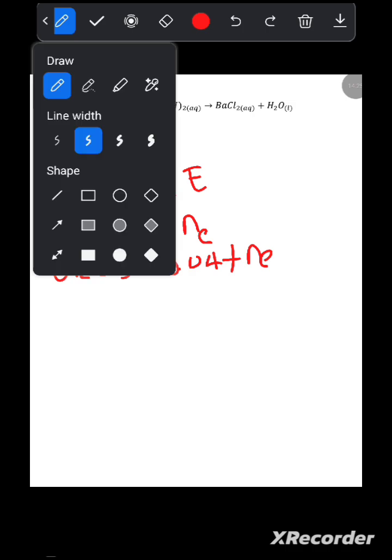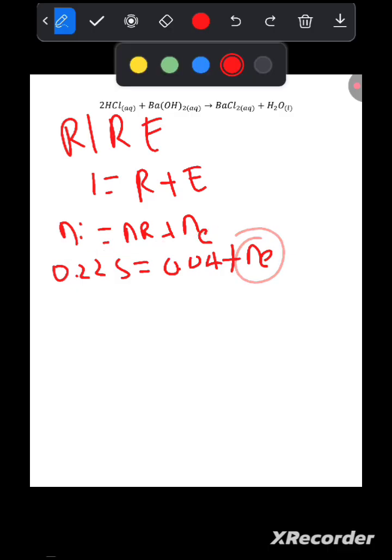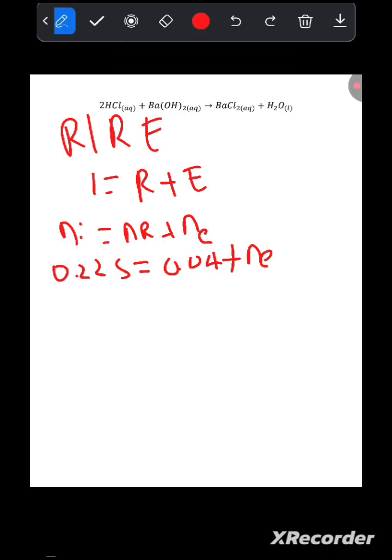We say from the right, now this part here, we got the reacted number of moles. So the initial number of moles is equal to the reacted plus the ones that are in excess. According to the formula, we can get the number of moles that are in excess.